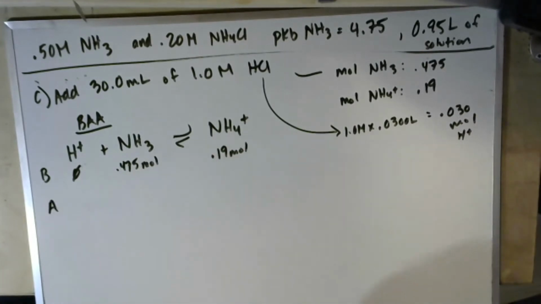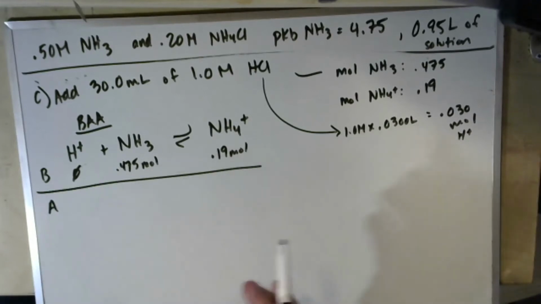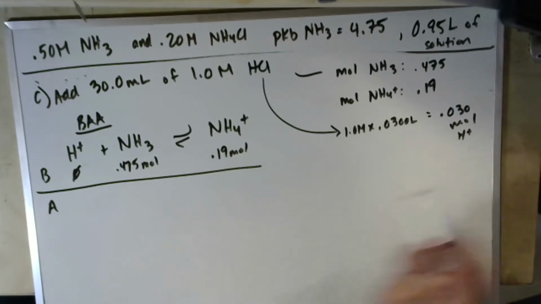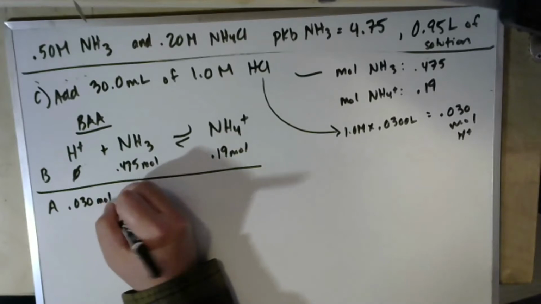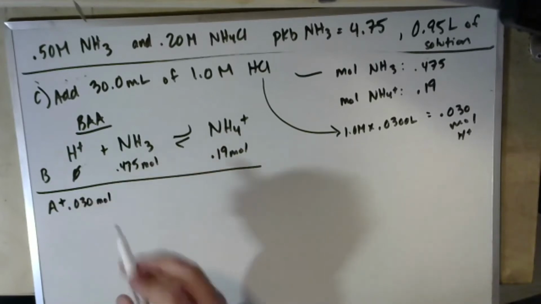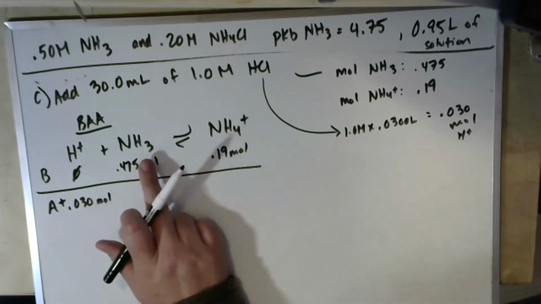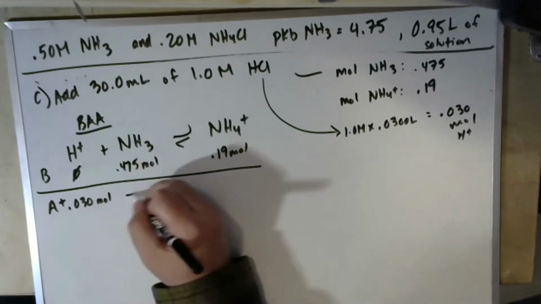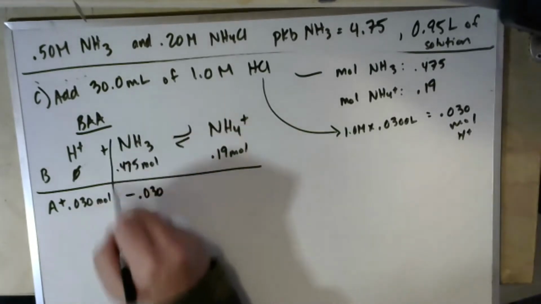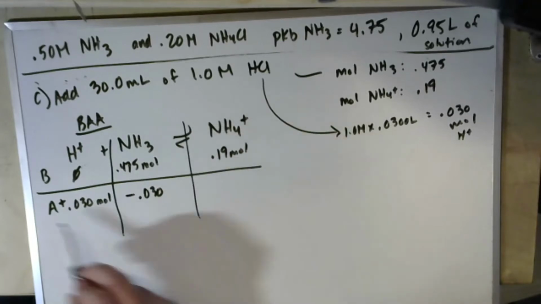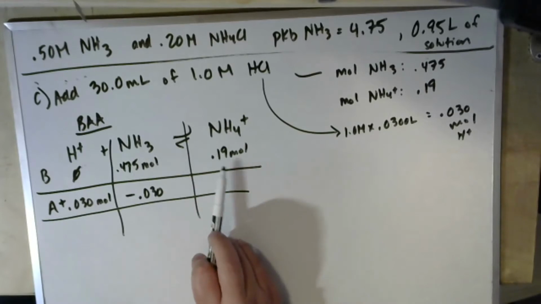The addition in this reaction is going to be the addition of 0.030 moles of the H+. And when I add the hydrogen ion, it's going to react with the NH3 and use it up. So that's going to be a minus 0.030. And as it uses up the NH3, it's going to create more NH4+.